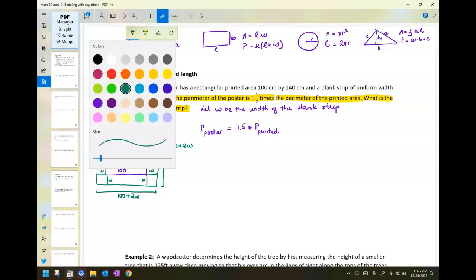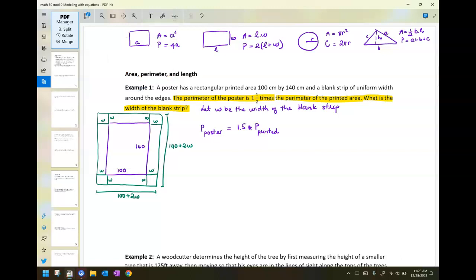So then here we can say, well, the perimeter of the poster equals twice times 100 plus 2 the width, plus 140 plus 2 the width, equals 1.5 times the perimeter of the printed area. Well, the printed area perimeter equals twice 100 plus 140. So multiply 2 times the sum of 100 plus 140.